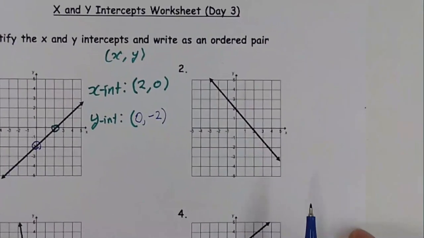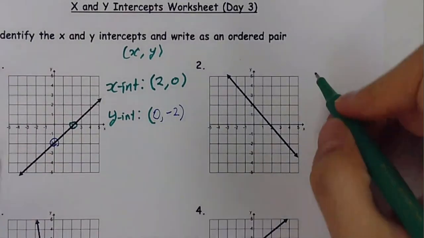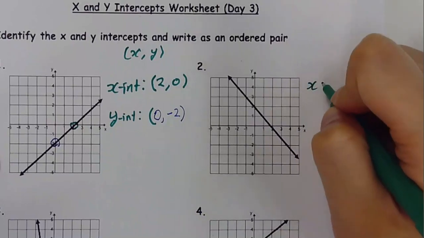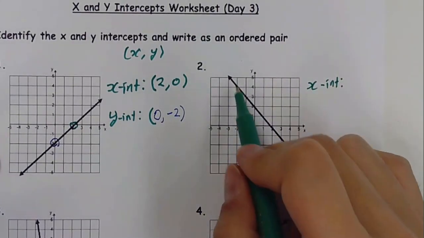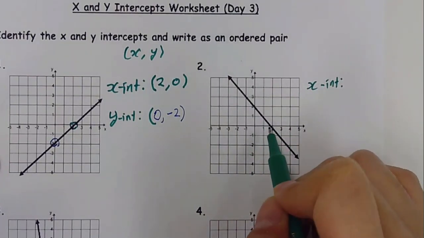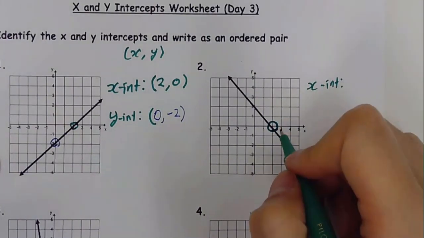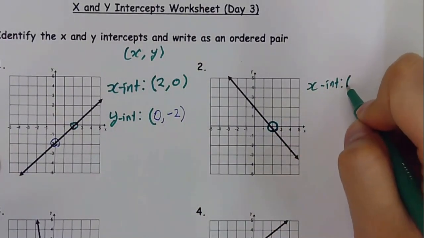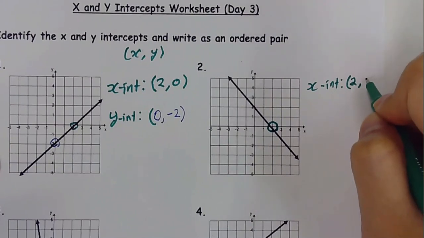Let's try to do one more. Let's find the x-intercept first. The x-intercept, again, is the point where this line meets the x-axis, which is this point over here. So again, what is the x-intercept? The x-coordinate is 2 and the y-coordinate is 0.